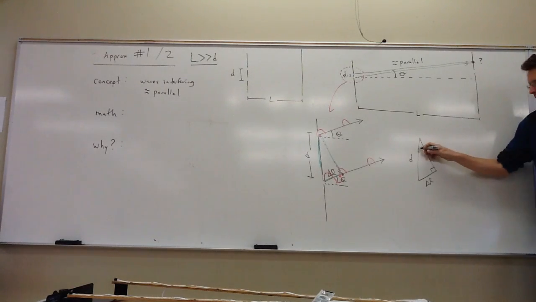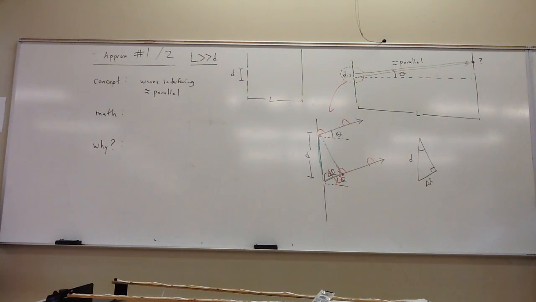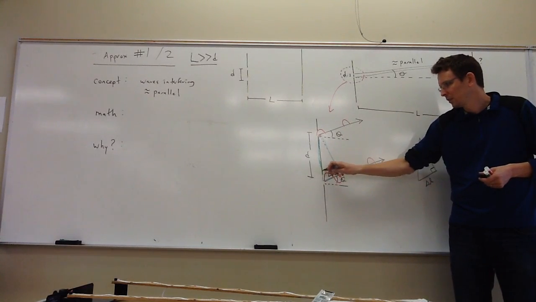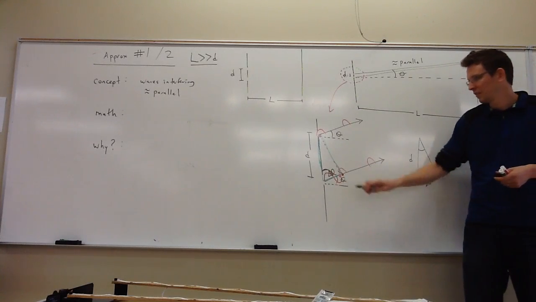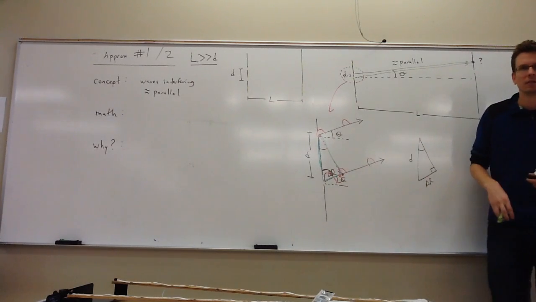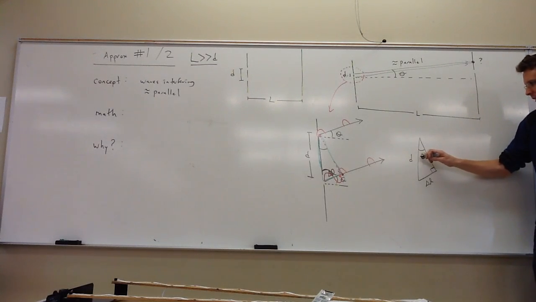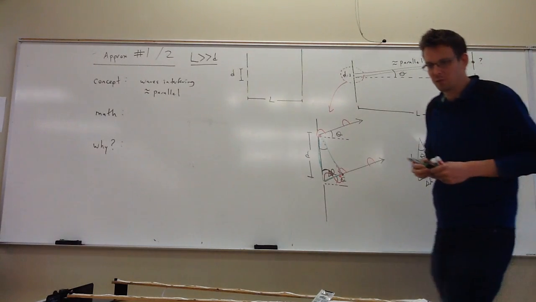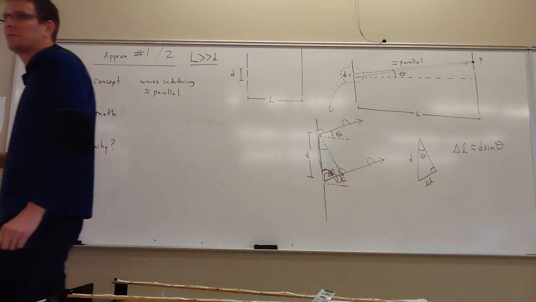And can anyone see what this angle is here? Well, if this angle is theta, what's this angle right here? If this is theta, this is 90 minus theta. And then what's this angle? Theta. So this is theta. And now we just use good old SOHCAHTOA here. And I will point out that delta L is approximately equal to d sine theta, to the extent that, of course, these things aren't really truly parallel, but close enough.